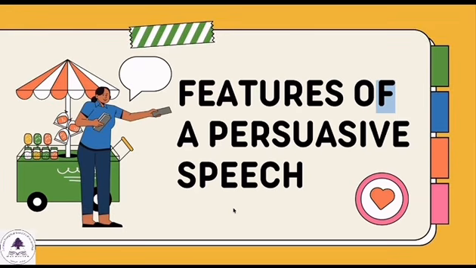You had to tell the audience something about something, but you were not allowed to convince them. Similar to entertaining speech, you were not allowed to convince them. You were allowed to make them laugh, okay, to entertain them.